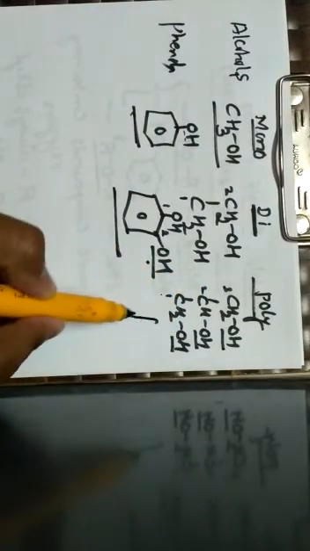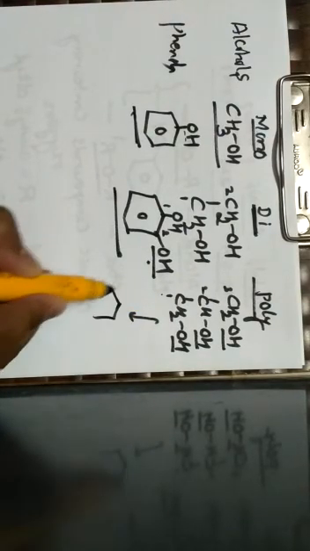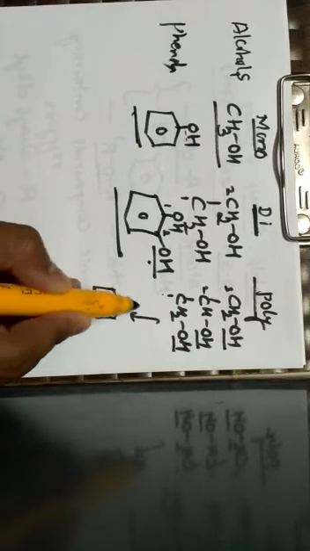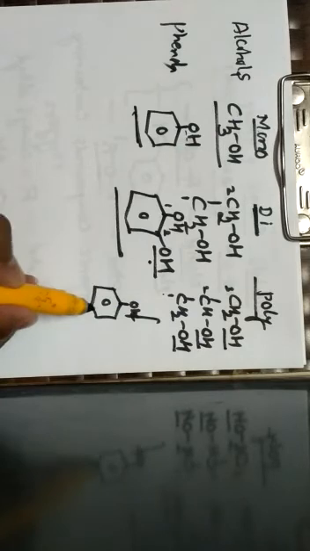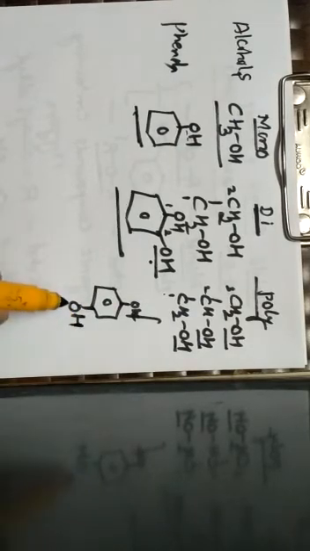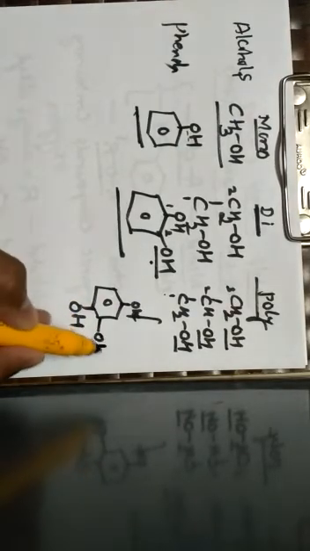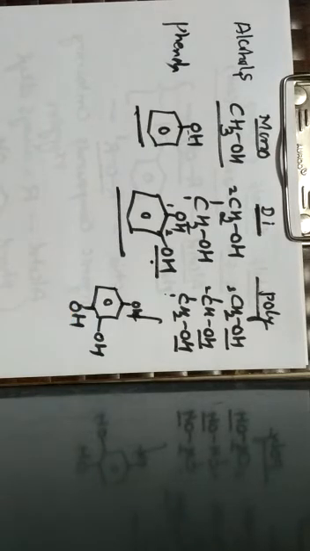Suppose I write an example for a trihydric or polyhydric phenol: one OH at a position, one more OH at the para position, and one OH at the meta position.